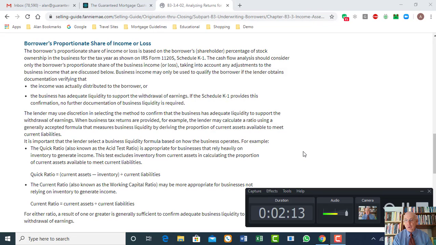When we look back at 2018, if there was no liquidity at the end of that year, I think logically we would not want to include that income. And the same for 2019, if there was no liquidity at the end of that year. Now, if there was no liquidity at the end of 2018, but there was at the end of 2019, then I think it would be reasonable to count the income from 2019.